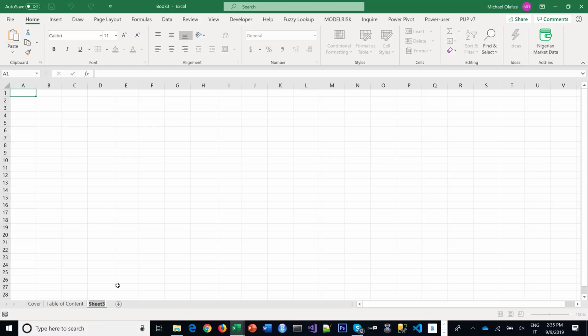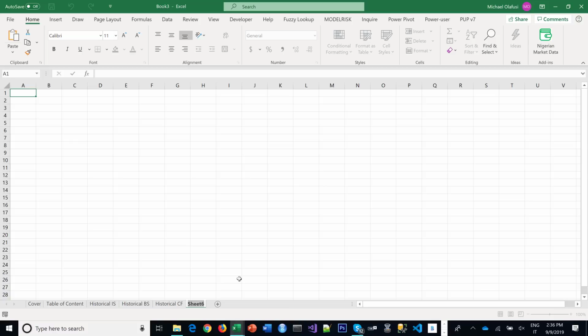Then the historical income statement, then the historical balance sheet, then the historical cash flow, and then the income statement projections.